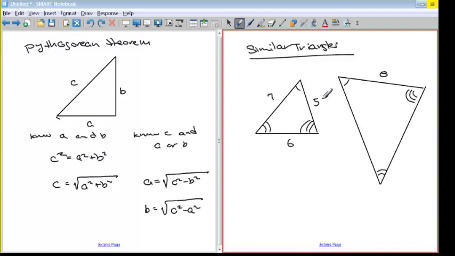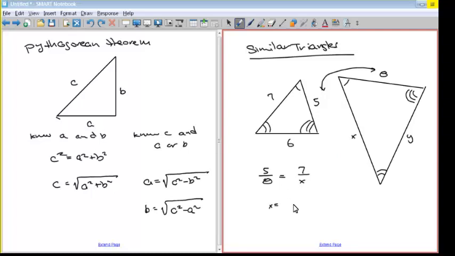Well, what you notice is these are the corresponding sides. It's the side between this angle and that angle. So these are the ones that are the corresponding ones. Let's call this one X, and we'll call this side Y. So what we can say is that the ratio of 5 to 8, which are the corresponding sides of similar triangles, is going to be equal to 7 over X. The numerator is the side associated with the smaller triangle, and the variable is the side associated with the bigger triangle.